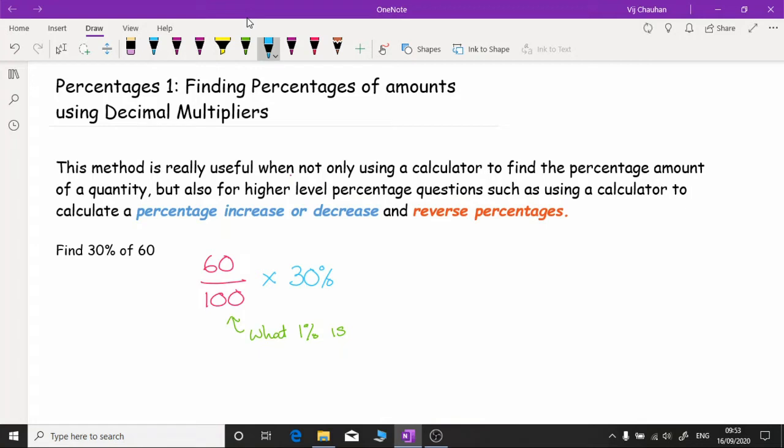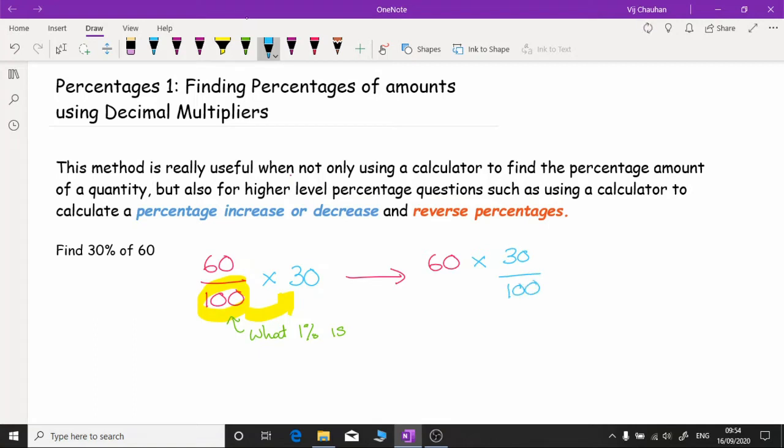Now, in terms of decimal multipliers, when we are multiplying and dividing, à la BIDMAS, the order doesn't really matter. So I'm going to swap this divided by 100 and take it to this side, so what I actually get is 60 times 30 over 100.